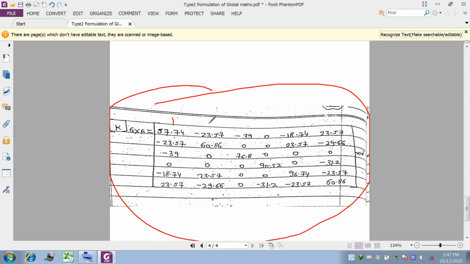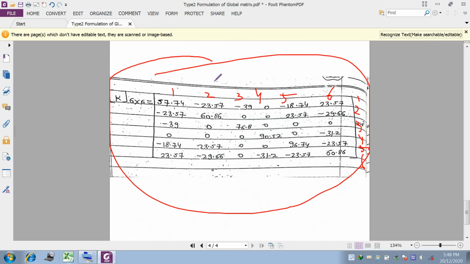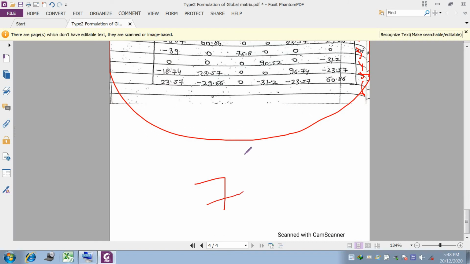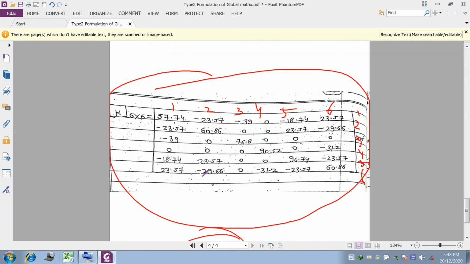It will be formed for 1 2 3 4 5 and 6, and here also 1 2 3 4 5 and 6. In your examination this numerical may be asked for only 7 marks, because in that numerical you may be asked only to formulate the global load matrix. This is a global load matrix, this is a K matrix of 6 by 6.